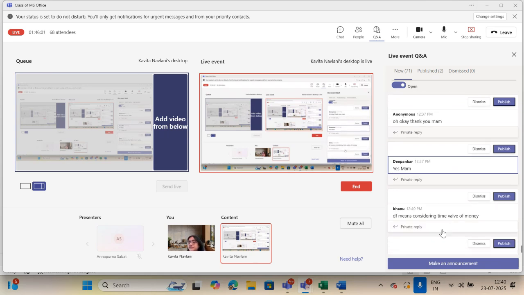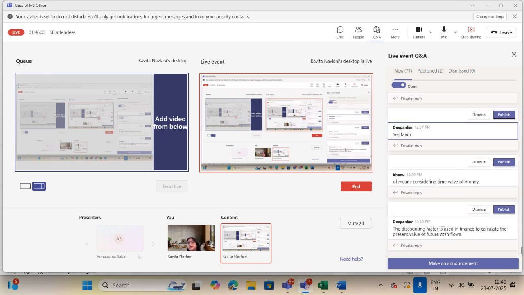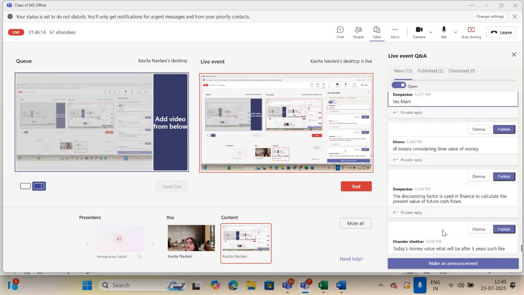DF means considering the time value of money. Yes, considering the time value of money, you have to calculate a rate. It is used in finance to calculate the present value of future cash flows. Very good. That is the IRR, internal rate of return.